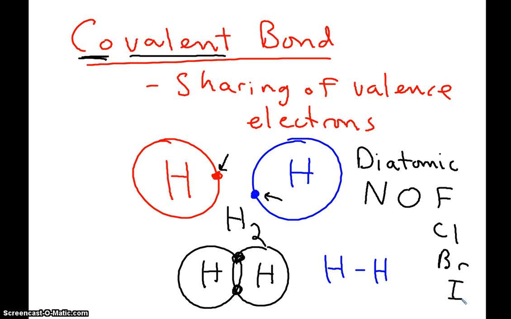So if you look on the periodic table in the upper right-hand corner, it makes an upside-down L from nitrogen, oxygen, fluorine, chlorine, bromine, iodine, and then hydrogen has to be included in there as well, as we just saw. So all of these elements are going to be diatomic if they occur by themselves.